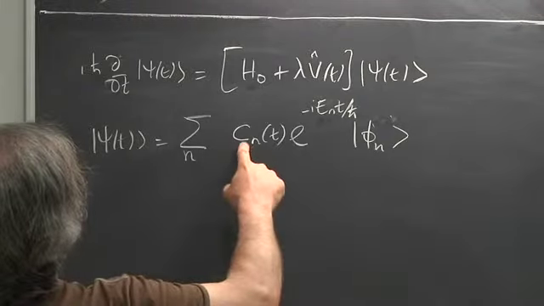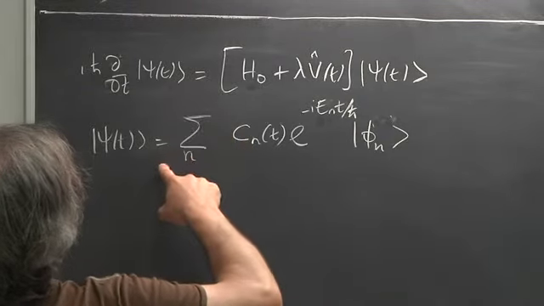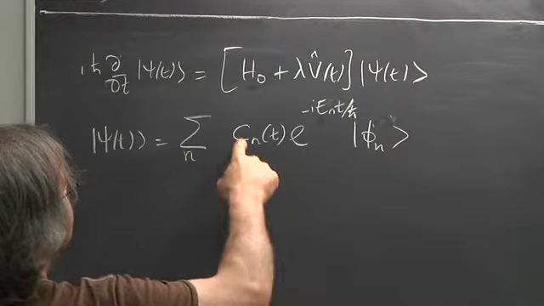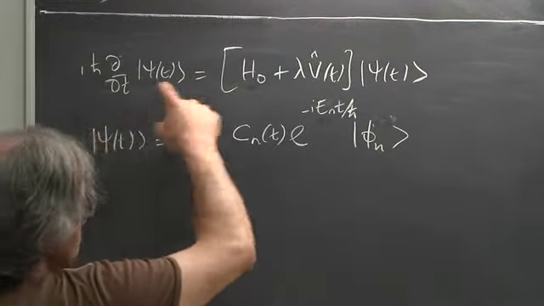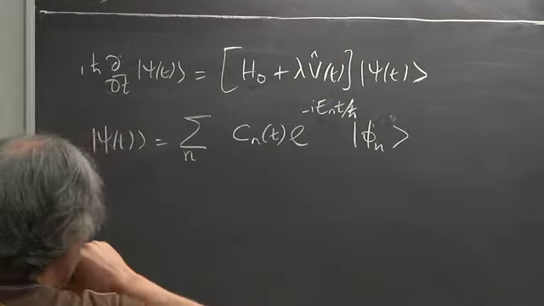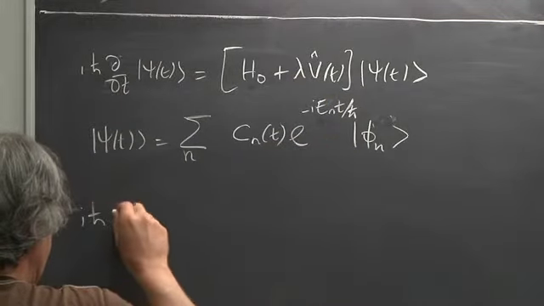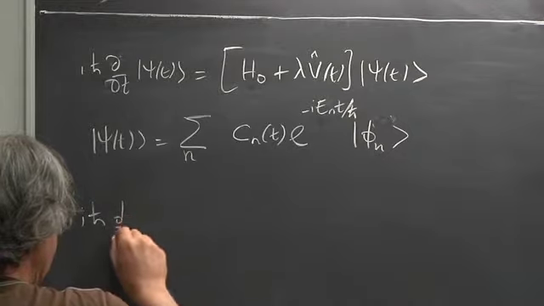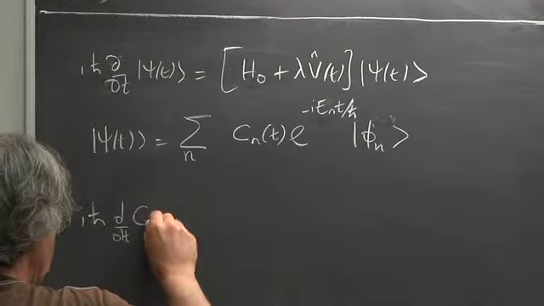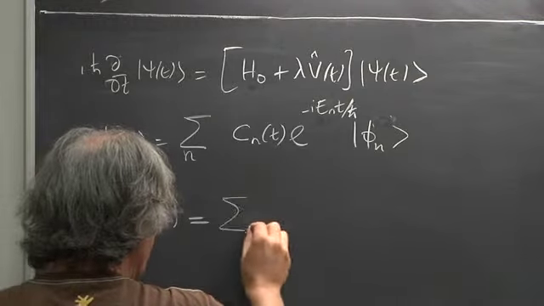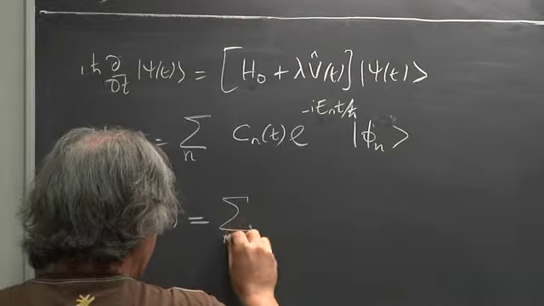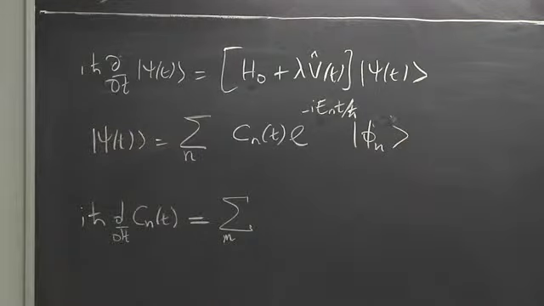Then we show that an entirely equivalent equation for the Cn can be obtained. Okay? So it's entirely equivalent to just the Schrödinger equation upstairs, and it gives i h bar, the derivative with respect to time of Cn of t, equal to a sum over m. Let me copy with the notation of last time.